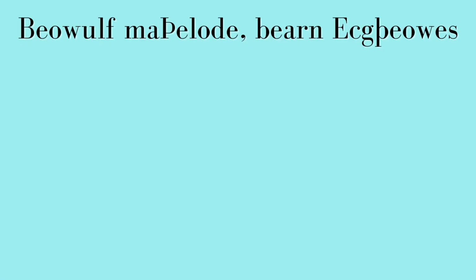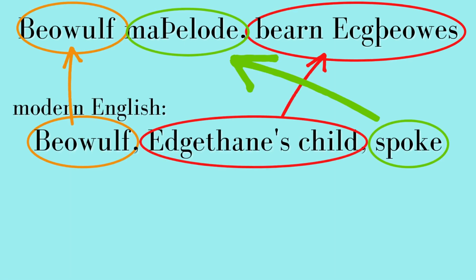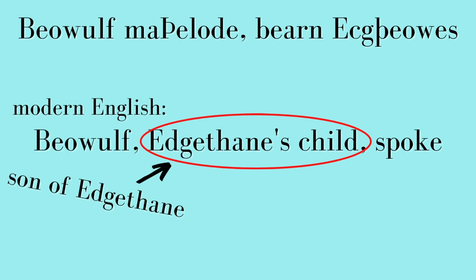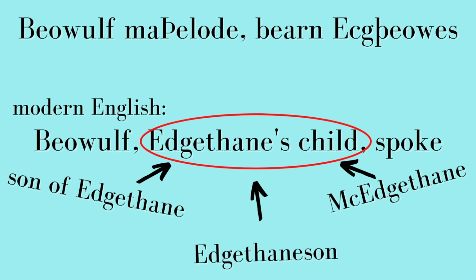One could therefore translate the sentence into modern English as Beowulf, Edgethane's child, spoke. In modern English, we could also say child or son of Edgethane, or if we were of Celtic origin, Scottish or Irish, maybe Mac Edgethane, or Edgethanson, if we were Scandinavian.